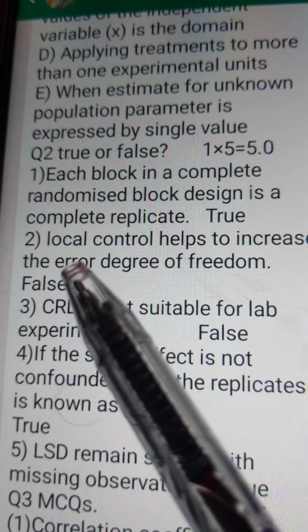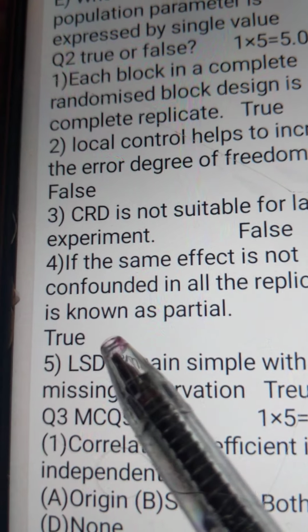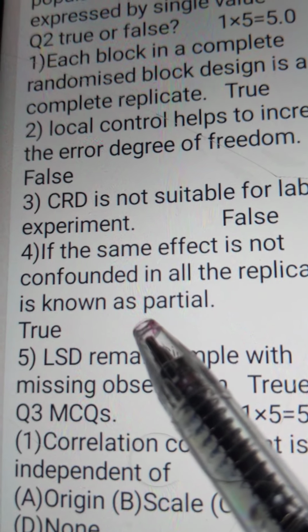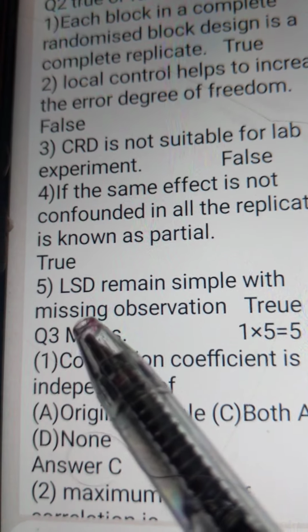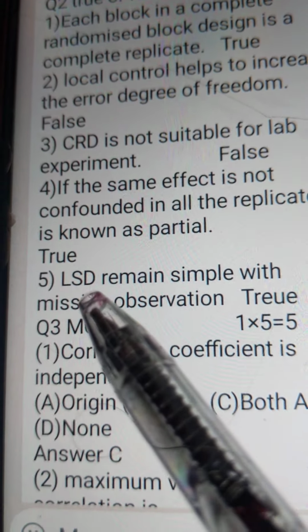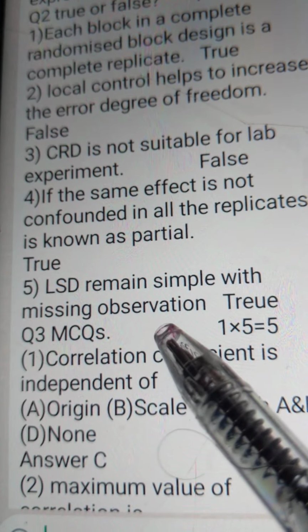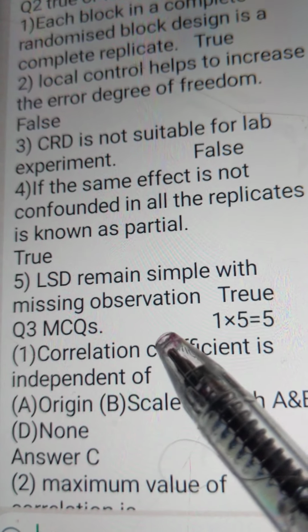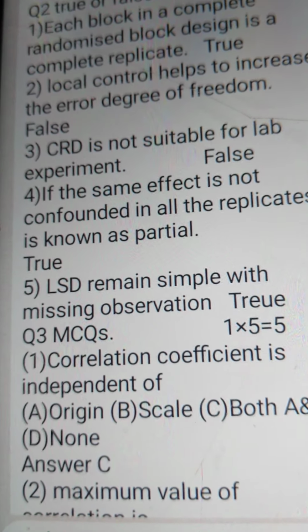Then, CRD is not suitable for lab experiments. False. Next, if the same effect is not confounded in all the replications, it is known as partial confounding. True. Last one, LSD remains simple with missing observations. True.